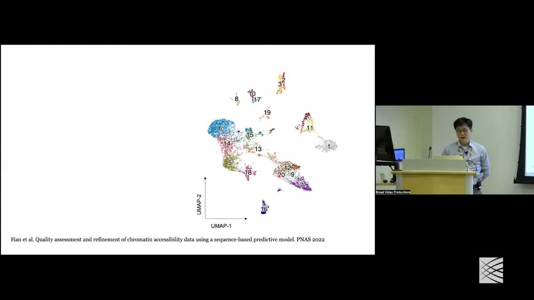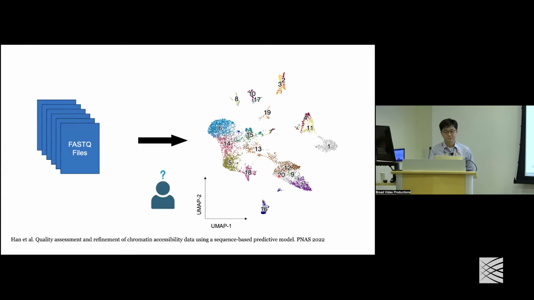And you may have wondered what it takes to produce this type of figure from raw sequencing data. So the goal of today's primer is to help you fill in these gaps, so that you better understand next time you read a paper or listen to a talk about single cell ATAC-Seq.